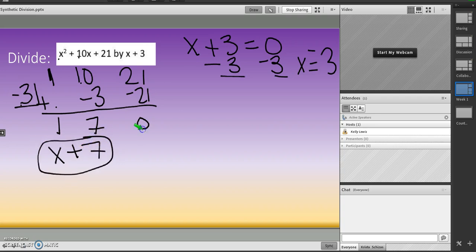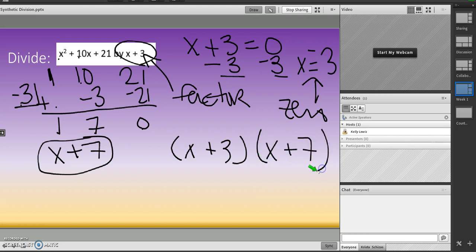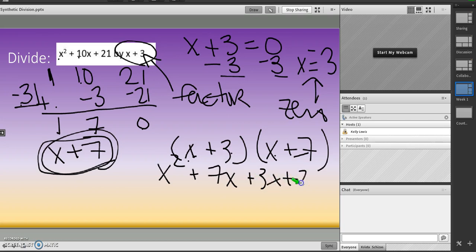And just so you know, because that's 0, that is a factor, and x plus 3 is a factor. And FYI, if we did x plus 3 from right here, times x plus 7 from right here, watch what happens. x times x is x squared. x times 7 is 7x. 3 times x is 3x. 3 times 7 is 21.